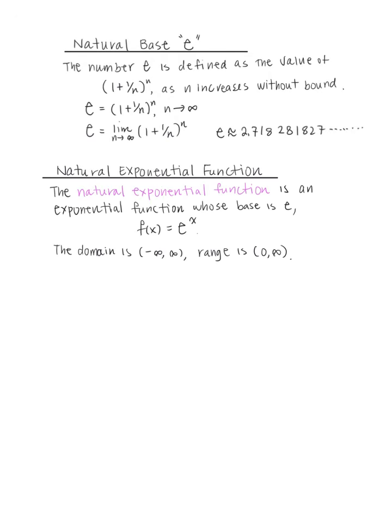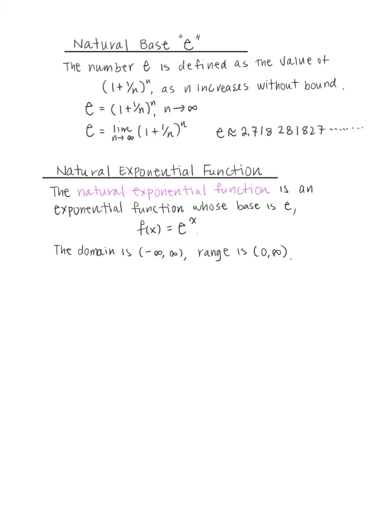Our next definition, the natural exponential function, involves e now. The natural exponential function is an exponential function whose base is e, which is denoted by f of x equals e to the x. The domain is all real numbers, and the range is 0 to infinity.